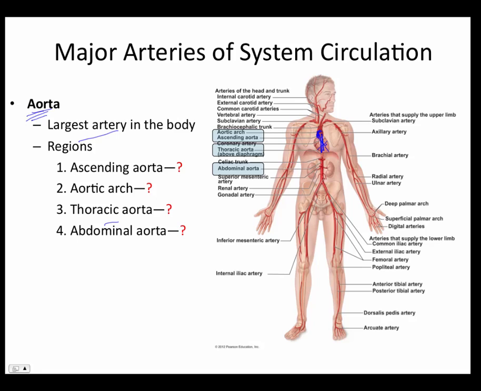The thoracic aorta is the descending region after our aortic arch and above our diaphragm. Now, once we cross our diaphragm, we're going to enter into the abdominal cavity, and that's when the aorta becomes the abdominal aorta. So down here is going to be the abdominal aorta, and here's that diaphragm.